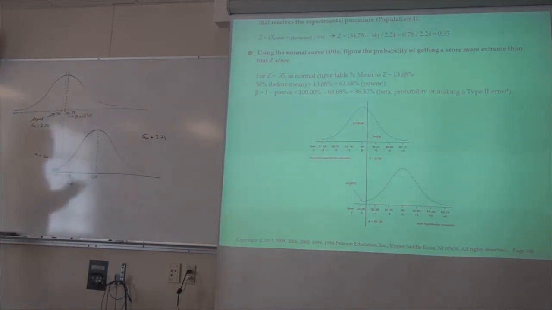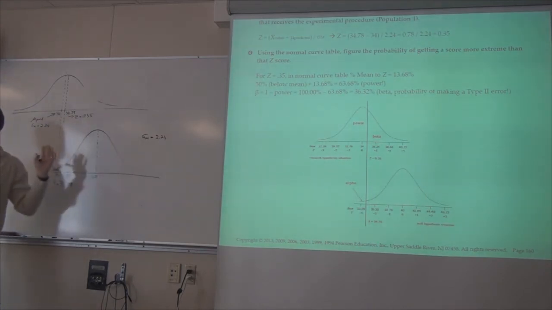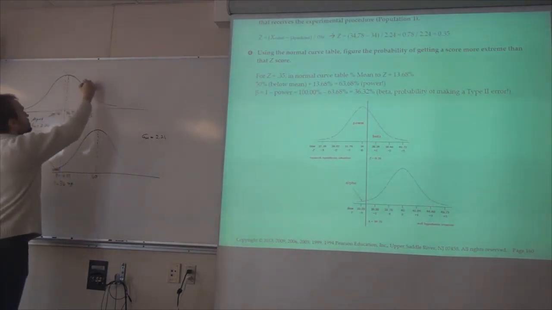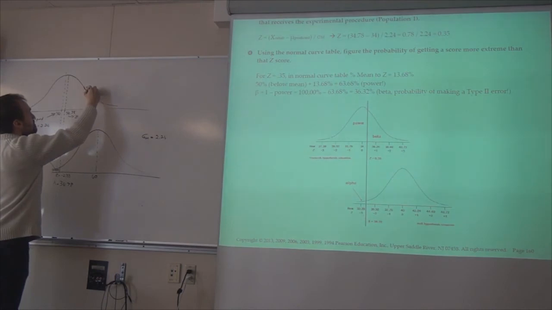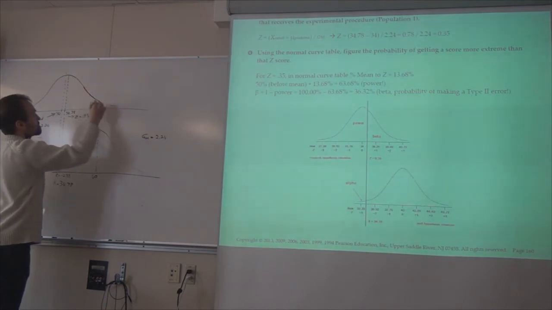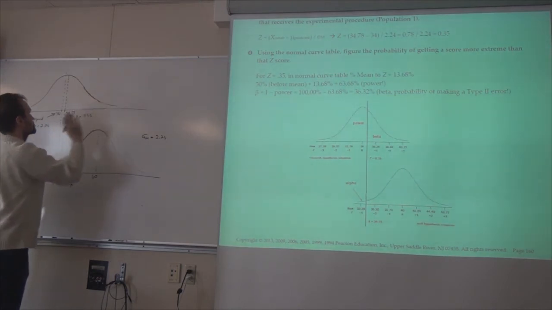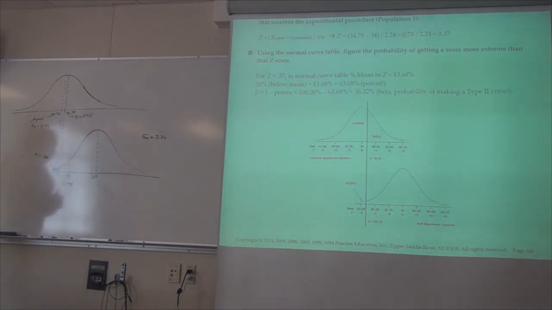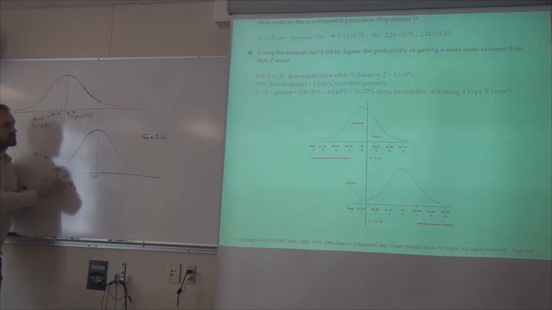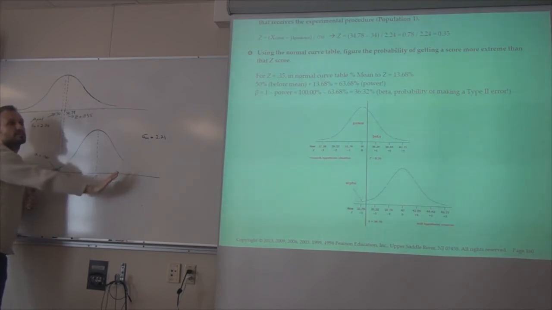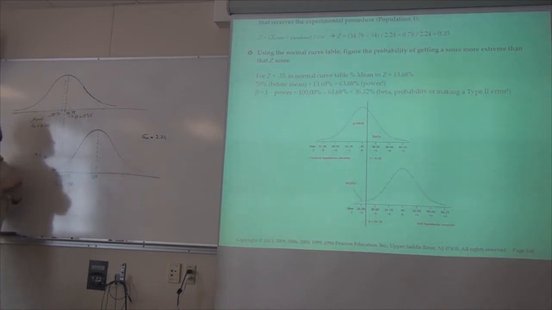Everything's shifted. Last time we had the right tail, now we have the left. Let me reconstruct my curve here. Which side is which? I'm going to reject the null hypothesis if I'm to the left of this cutoff. I'm not going to reject the null hypothesis if I'm to the right. A type 2 error is what?